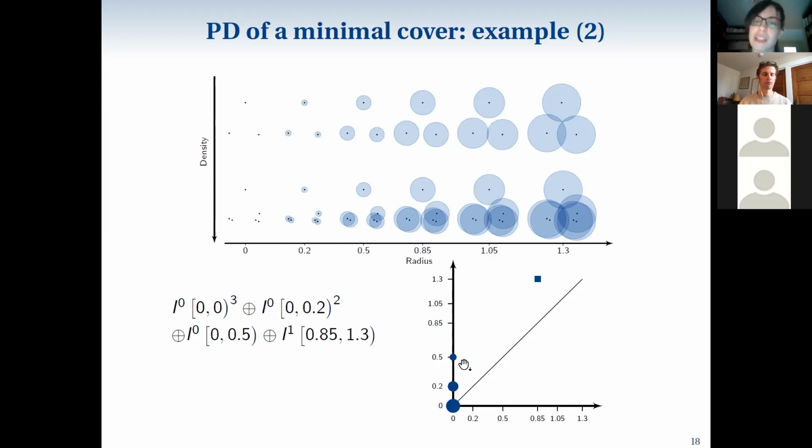But then I have something more. I actually have this square, this degree 1 interval sphere, that is telling me that at a certain point, at step 0.85, up in this higher dimension, in this lower density set, I have 1 connected component more than what I have down here.